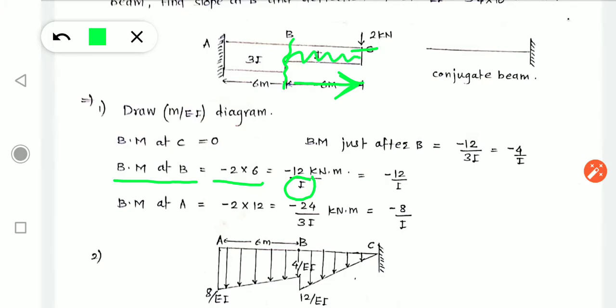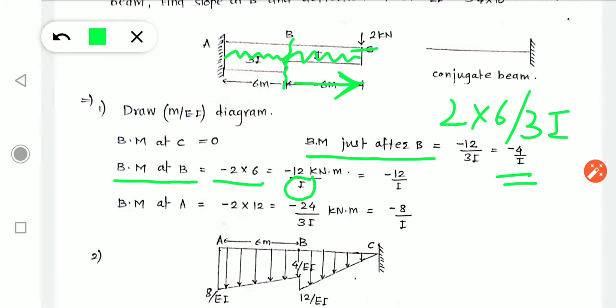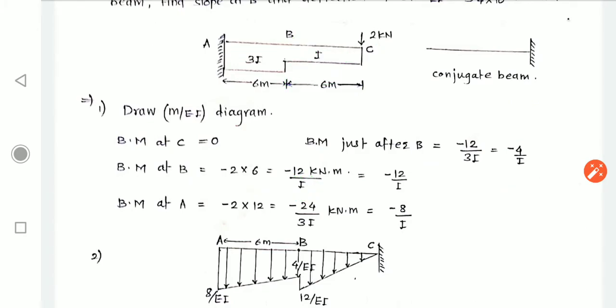That's the bending moment before B. Now just after B, what happens? The I changes. Therefore, what will be the bending moment? 2 into 6, but divided by the I from this region now, and that is 3I. Therefore our moment becomes minus 4 by I.